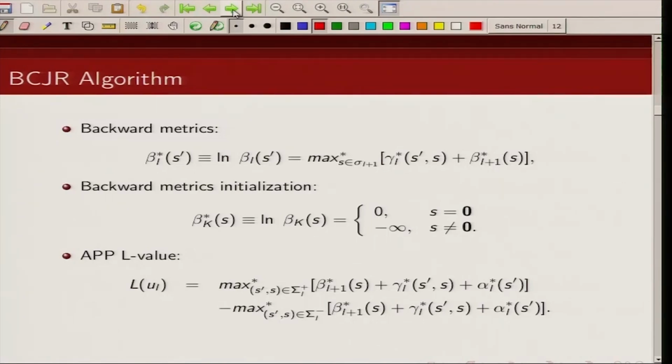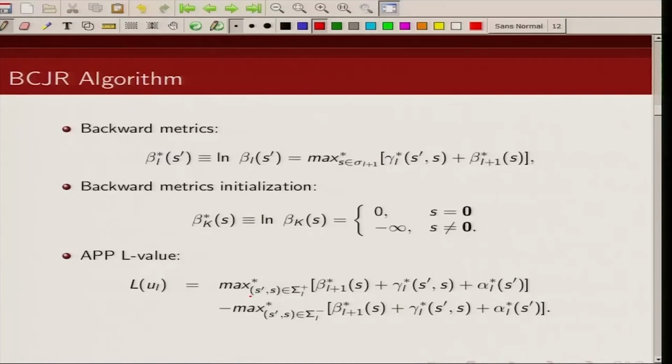And if you recall our APP log likelihood value, this was again a summation of product of 3 terms: alpha at time L, beta at time L plus 1, and gamma. There were 2 terms, one term in the numerator corresponding to all those transitions belonging to information bit being plus 1, and in the denominator we had terms related to transitions that belong to information bit being minus 1.